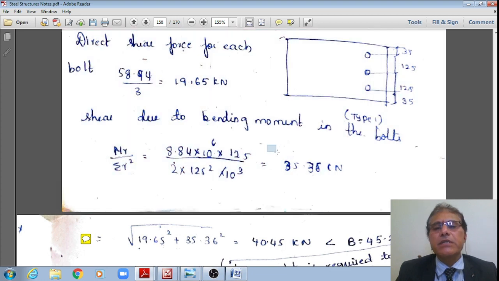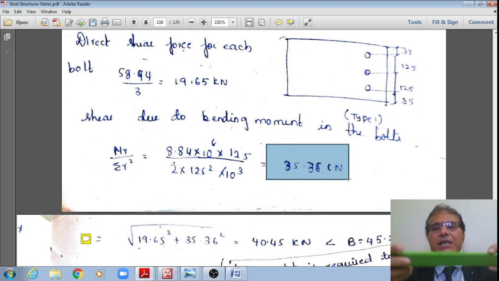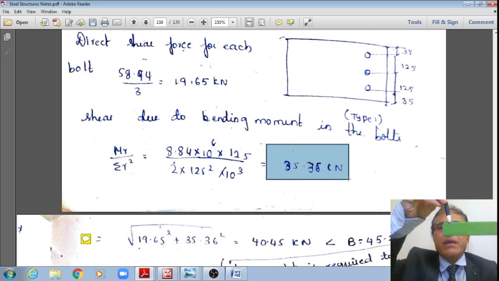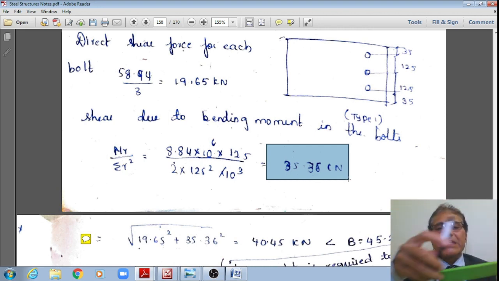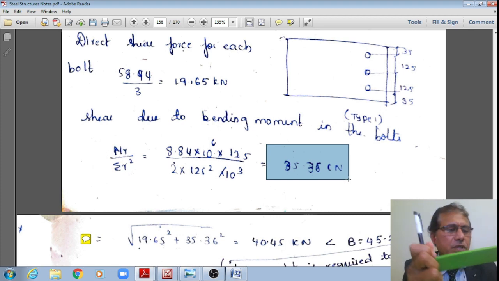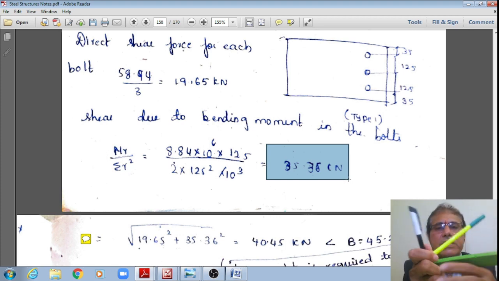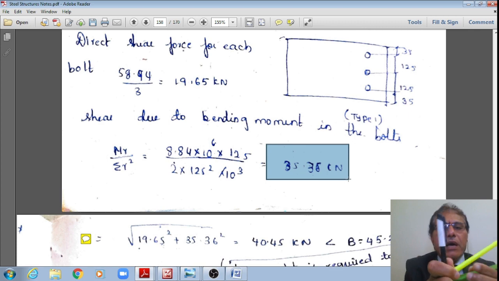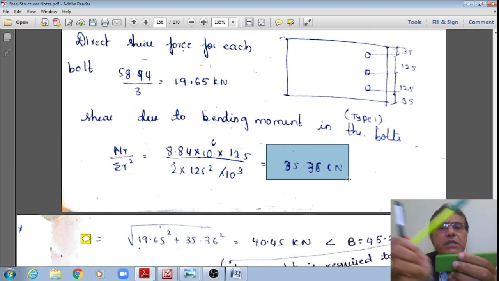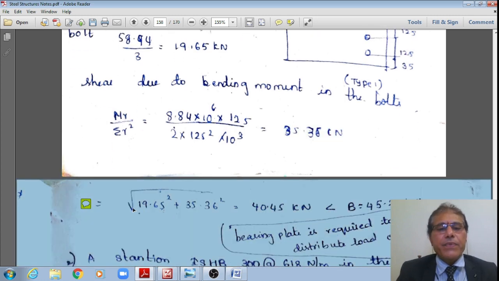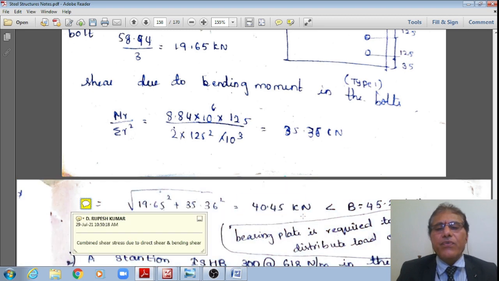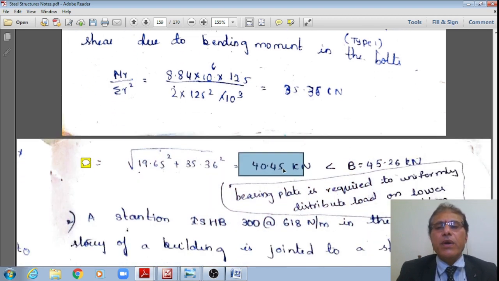Therefore, it is subjected to a shear force of 35.36 kilonewton in the horizontal direction, in addition to the vertical shear of 19.65. The resultant of these two is the square root of 19.65 whole square plus 35.36 whole square. Therefore, the combined shear is equal to 40.45 kilonewton.